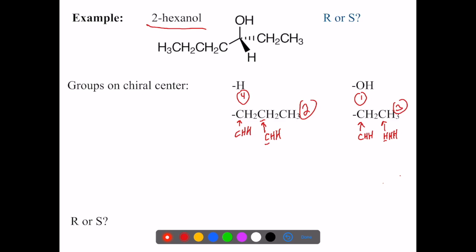So if you look here, we have 4 is here, 1 is here, 2, and 3. And we're probably going to want to rotate on this axis. So we start with 1 up here, 2 is here, 4, and 3.